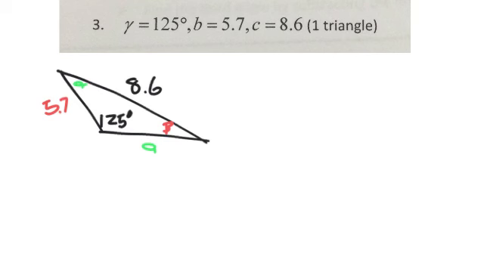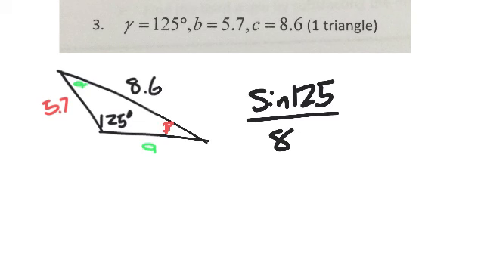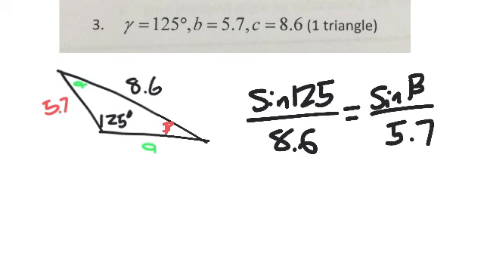So I'm going to set up my sine using the pivot ratio, which is sine of 125 over 8.6 equals, and I'm going to solve for beta. So that's going to be sine beta over 5.7.